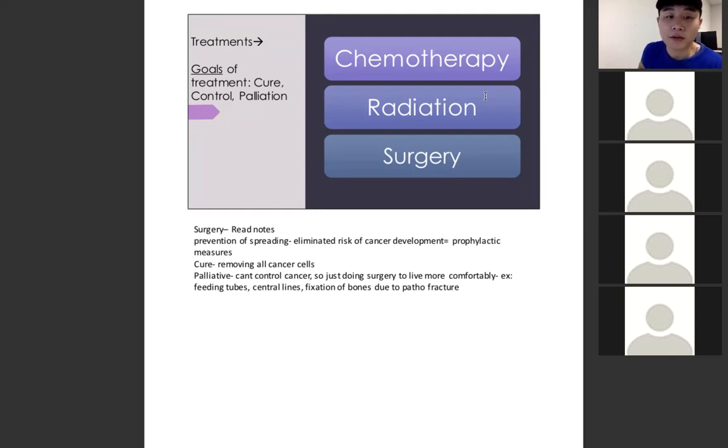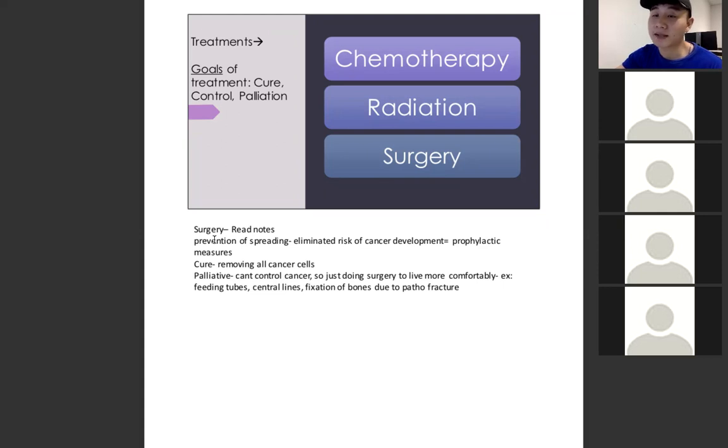Surgery: prevention of spreading, eliminating risk of cancer development, prophylactic measures. What that means is, like I mentioned earlier, some women have a family history of breast cancer, so they decide to have a mastectomy, where they remove their breast to prevent the spreading even before they have cancer.